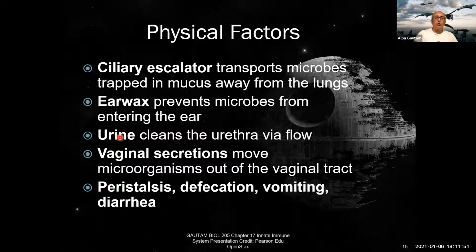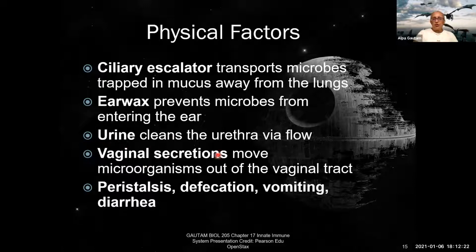I would say the pH of urine is really what has the immune aspect to it. The normal pH of urine is about 6.0, which is lower than physiological pH, and that's what prevents microbial growth within the urethra. The function of urine is, of course, to release metabolic byproducts from the body.